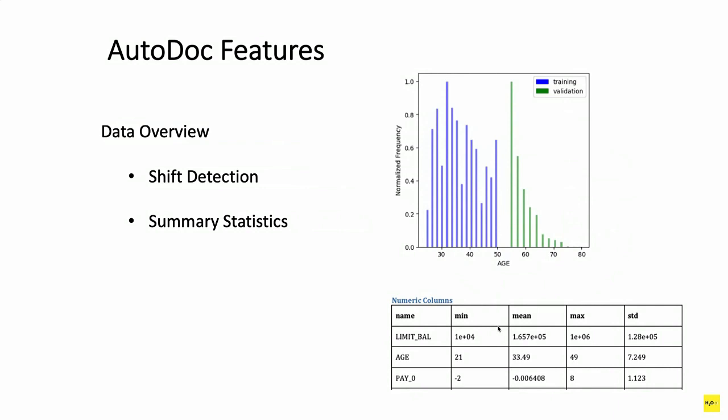So that'll show you if there's any problematic features. Maybe you trained your model on a population that doesn't match the population you're planning to test on. We also provide you with summary statistics for categorical and numeric features. These are going to be standard summary statistics that you could easily get, but it's a nice add because you don't have to go back in time and recreate these plots or charts.